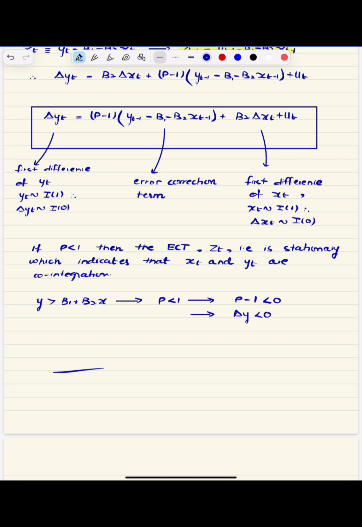For instance, you can draw a trajectory like this: if there's a positive impact, then the change in y will be negative, so that it comes back to the steady state.